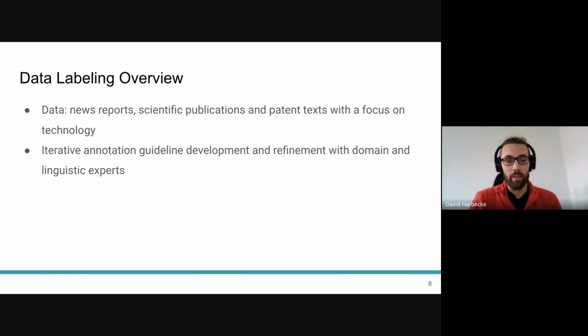During the first stages of the project, we iteratively developed an annotation guideline to determine and distinguish the entities. We did that both with linguistic experts, but also domain experts.